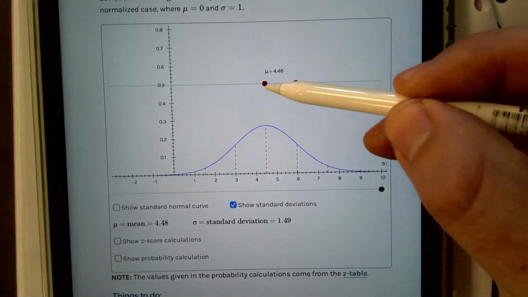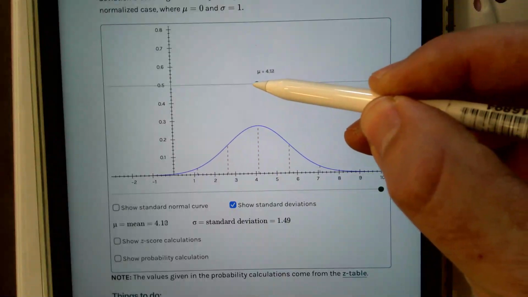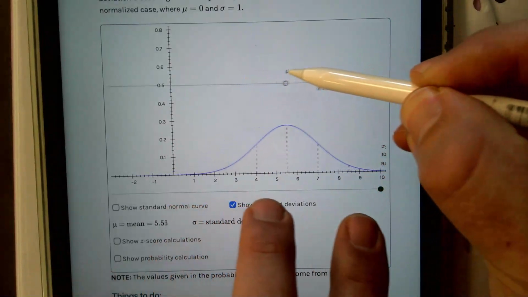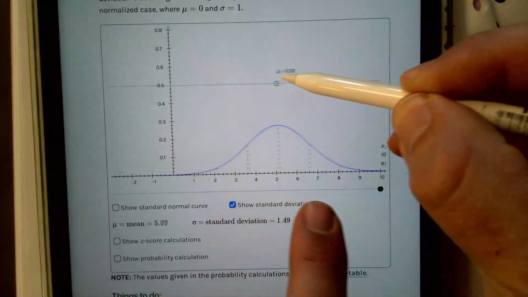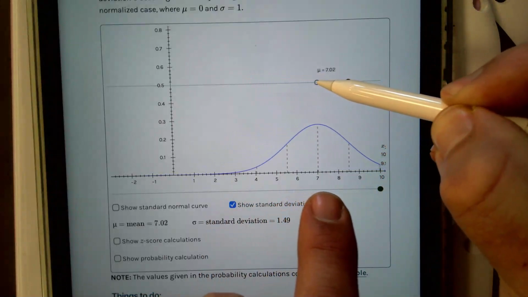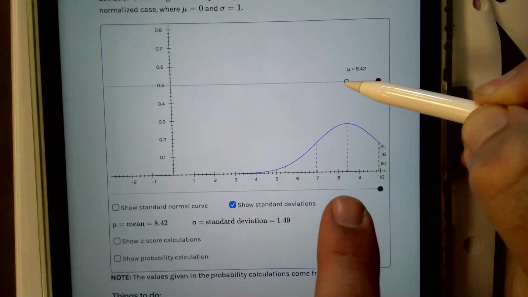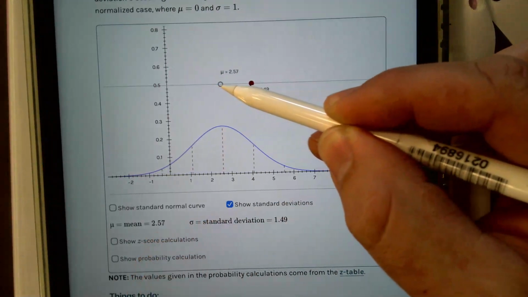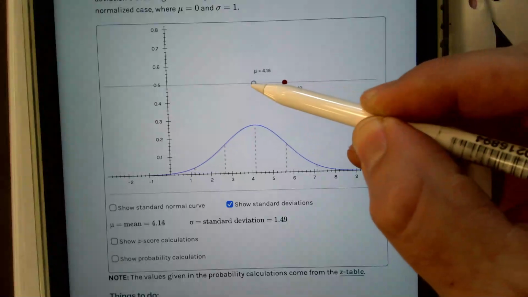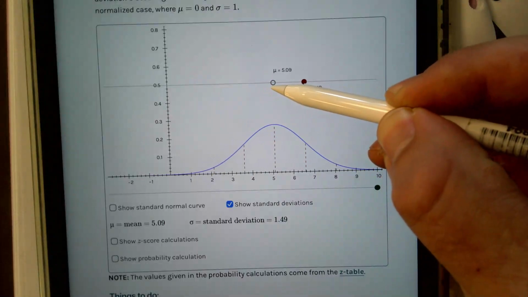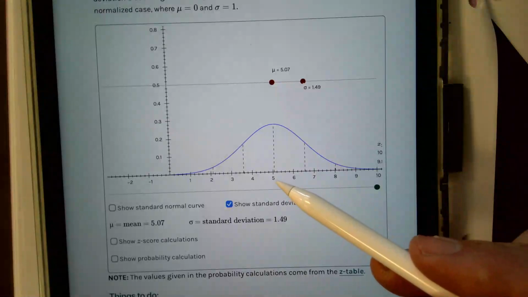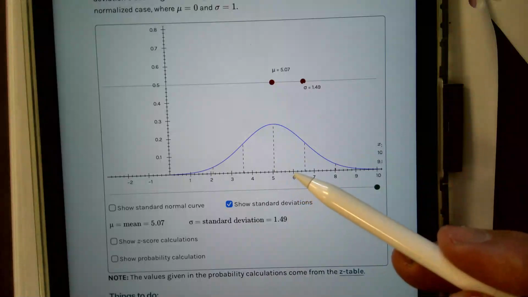If you change the mean, watch what happens. The whole curve shifts along the x-axis. If you have a big average, you're going to be higher up. If you have a lower average, you come further down. That's what I always want you to think of in the background. We have very small numbers here, but sometimes these are in the thousands, hundreds of thousands, maybe even millions.